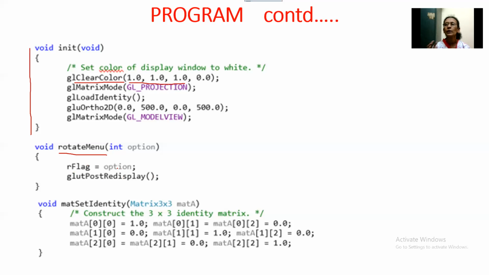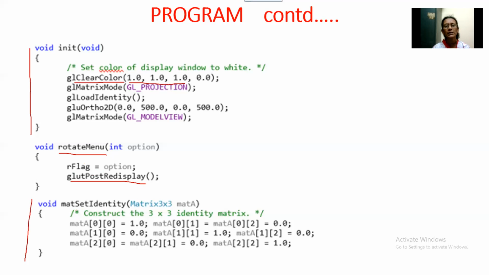The new transformed triangle is what will be shown. Now suppose you are selecting rotation about fixed point, then your R flag will be 2. That would be passed on, and glutPostRedisplay will make the program recalculate the functions as per this rotation about fixed point and display.